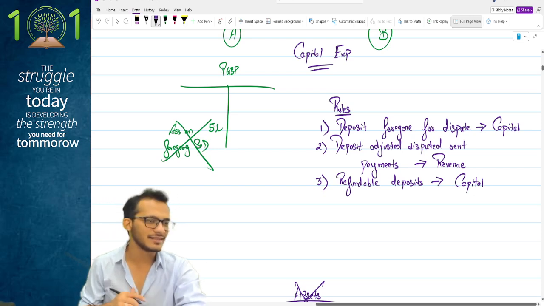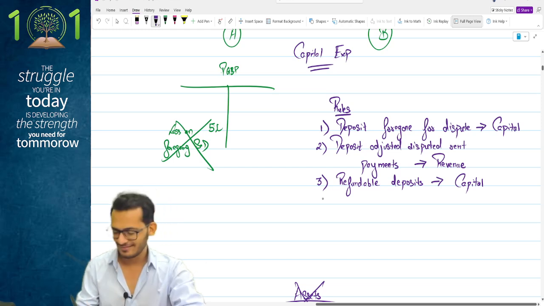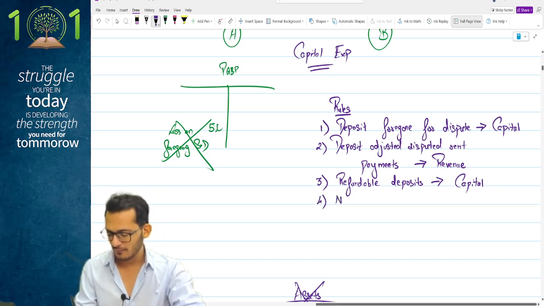I am not discussing whether it is income or not. Point number 4, non-refundable deposit. This becomes revenue.